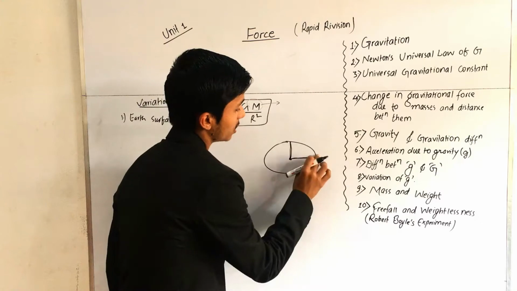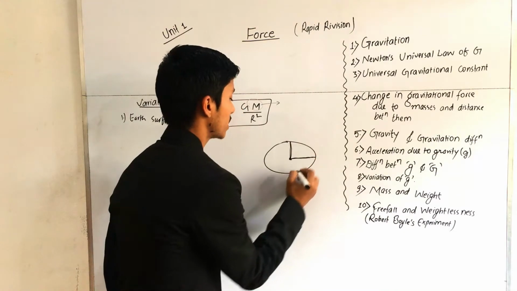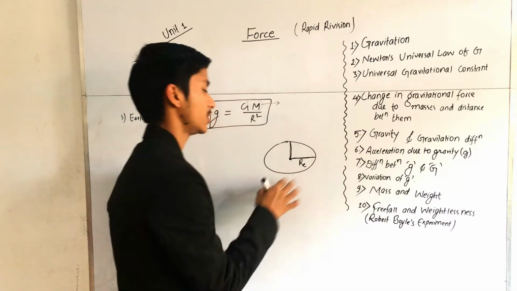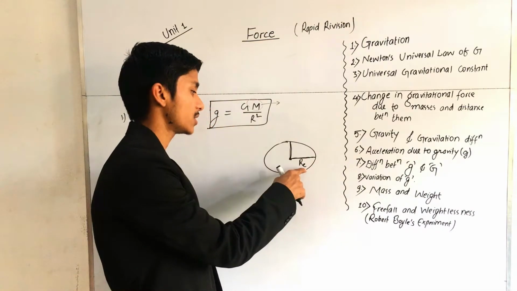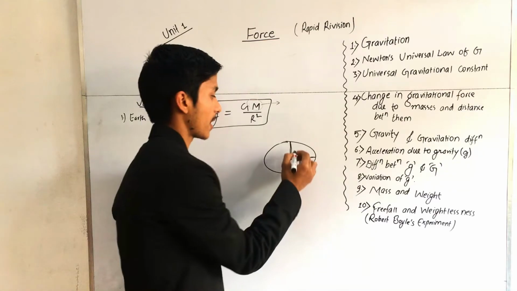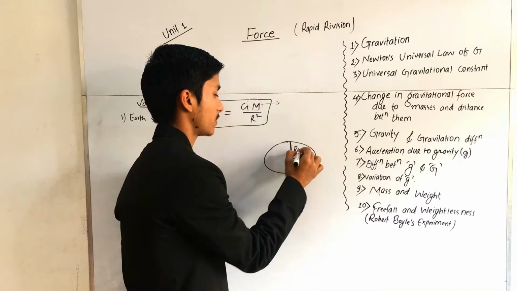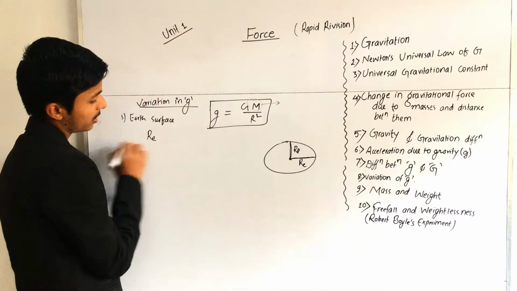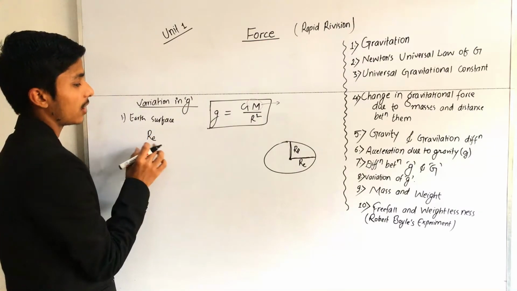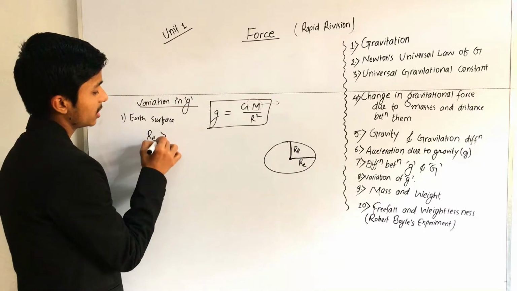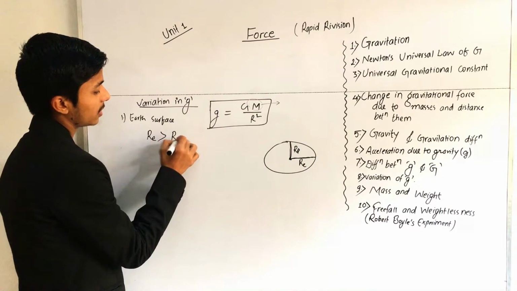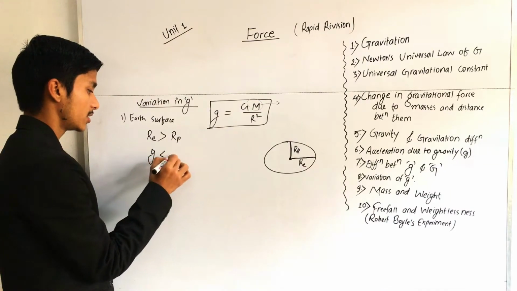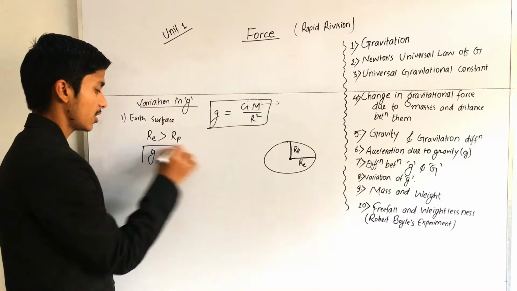In the equator we can see the radius of earth is greater. The radius of earth on the equator is greater, and this is the radius of the earth at the pole. Since the radius of earth at the equator is greater than the radius of earth at the pole, the value of g will be changed just opposite.